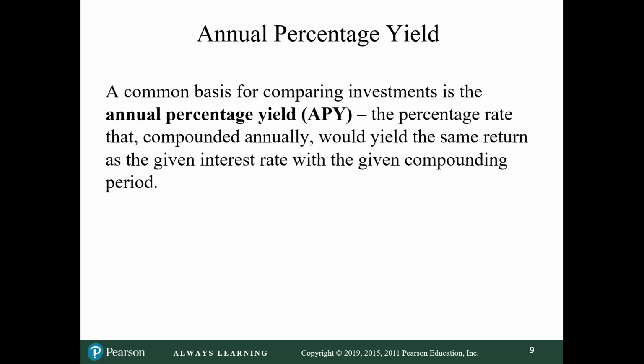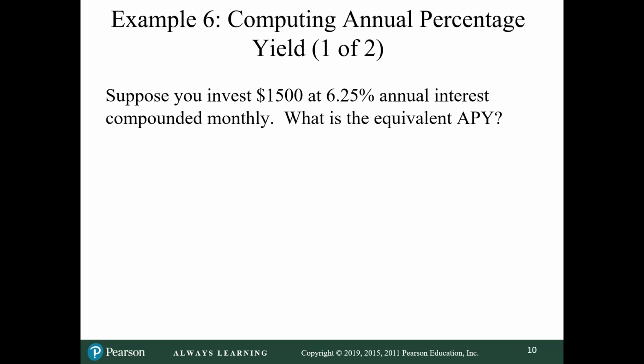Annual percentage yield. You hear it when banks are advertising how much their annual percentage yield is when you come in and use their bank. It is the percentage rate that, when compounded annually, would return the same as the compounding you're doing. So, what is the annual percentage rate if you're getting this month's interest compounded monthly?